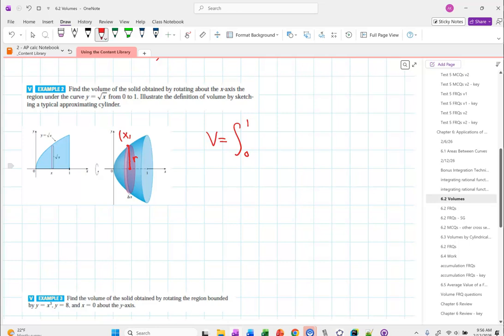If this point here is x comma y, the radius is the y coordinate, right? Everybody see that? Yeah. On this curve, y equals square root of x, what is the y coordinate equal to in terms of x? Square root of x, right?